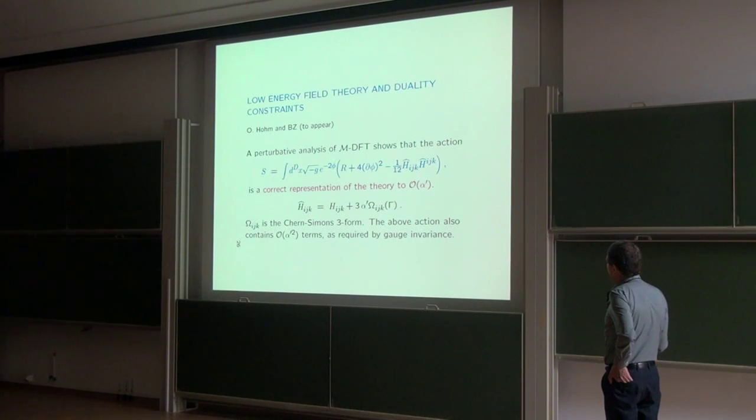Here is the familiar action. This is the normal action for the massless degrees of freedom of a string. And if this would be the normal H field, that would be it. Now, we're talking about a theory with a Green-Schwarz mechanism. So H is the H field plus the Chern-Simons 3-form that comes with an alpha prime.